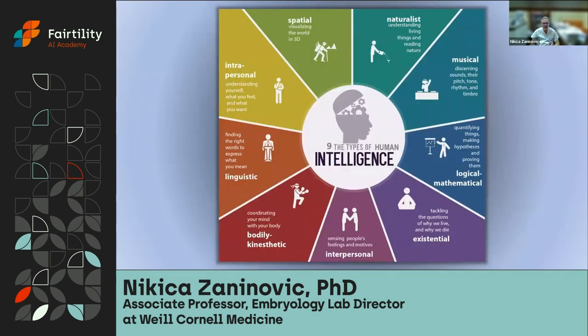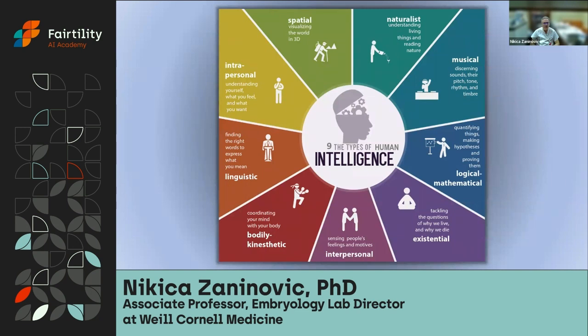So to start with, we actually have to start with some other things than just artificial intelligence. We have to talk about intelligence, or human intelligence, in general. We need to notice that there are different types of human intelligence. There are actually 9 different types. One person can be very intelligent for one type, let's say musical, but doesn't need to be highly intelligent for other types, like physical or sports, and vice versa.